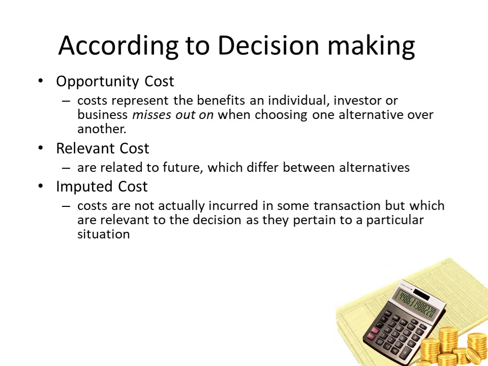Okay. Next, we also have the so-called imputed costs. Imputed costs are costs that are not actually incurred in some transaction, but which are relevant to the decision as pertains to a particular situation. So normally, imputed costs are costs that are to be paid or charged because they are involved or relevant in our decision making. For example, nowadays, since it's COVID, we could either open our business or not open our business. So there are imputed costs with that.